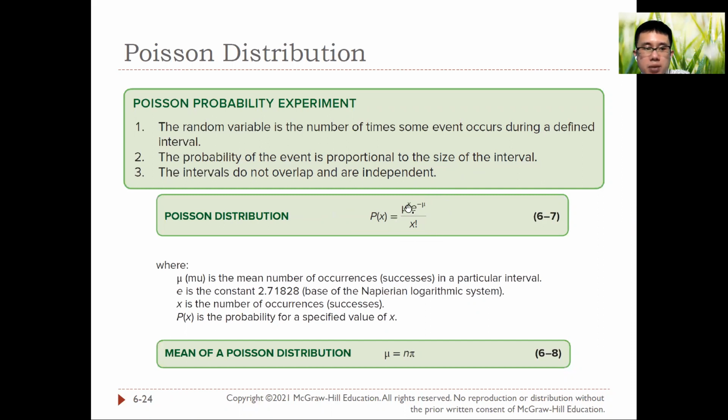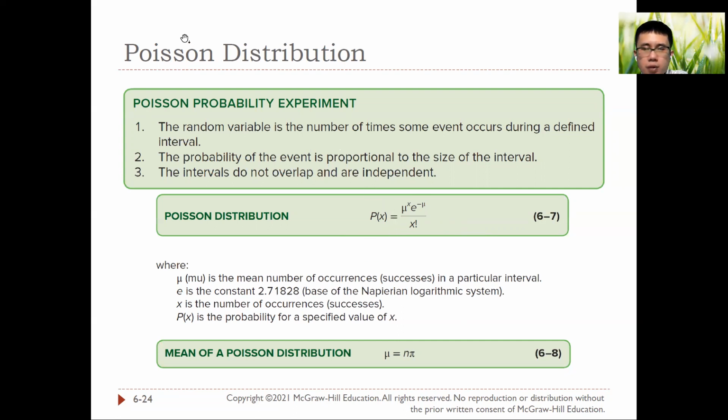where mu here is the mean number of successes in a particular interval, and X is the number of successes. And this e is a constant with this value 2.71 and so on.